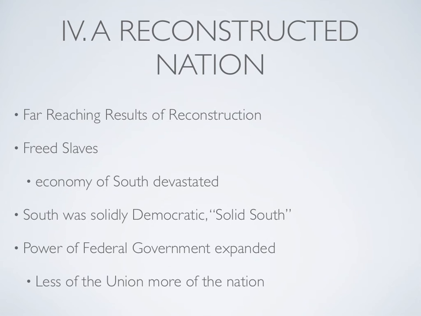It doesn't start to pursue industry as much as could have been hoped, but the freeing of the slaves is major. The South votes solidly Democratic until 1972. A Republican candidate will not carry the South until 1972. So that's almost 100 years of the South voting Democratic, and that gives them that nickname, Solid South.